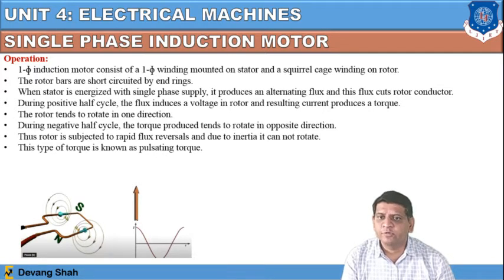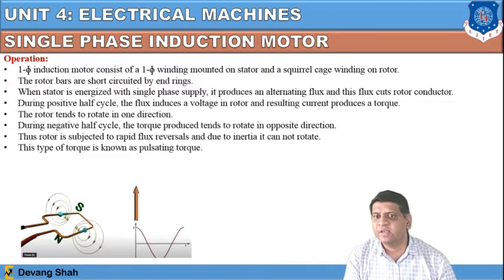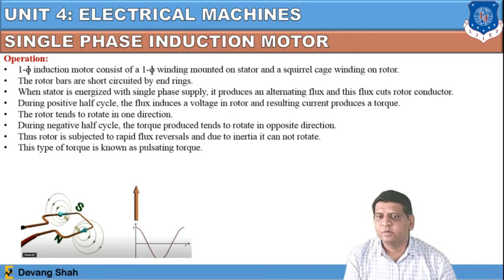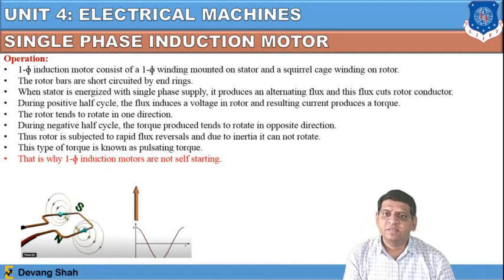Because for a positive half cycle, let's say the flux value is plus phi m divided by 2, and during the negative half cycle, the flux produced is minus phi m divided by 2. So ultimately the resultant value of flux becomes 0, and there is no rotation of this single phase induction motor. This type of torque is known as a pulsating torque, right? That's why single phase induction motors are not self-starting.